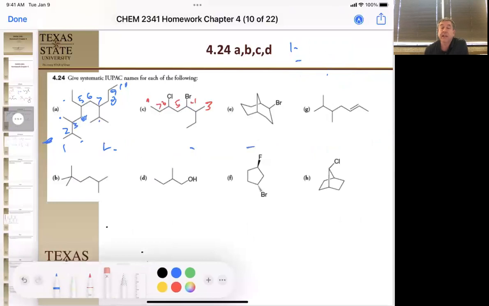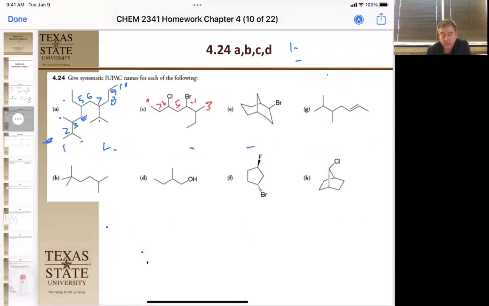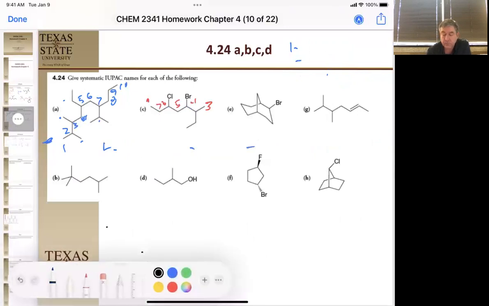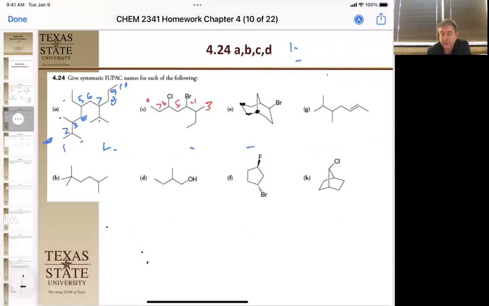First thing we want to do is count all the carbons in the entire thing. So let's do that first. 1, 2, 3, 4, 5, 6, 7, 8, 9. So there's a total of 9 carbons. So we're bicyclononane. So let's write that down. Bicyclononane.